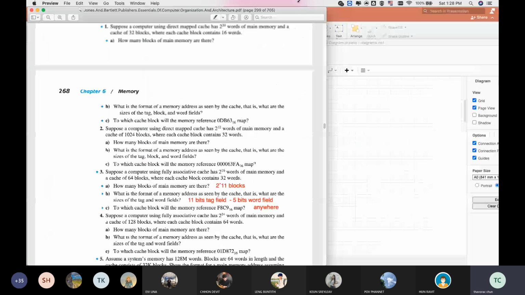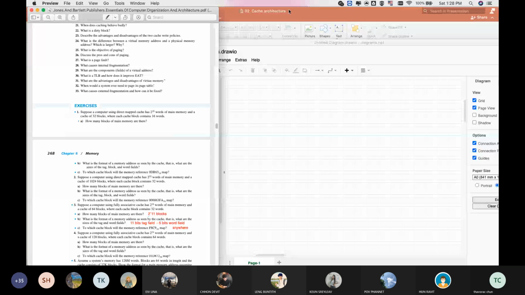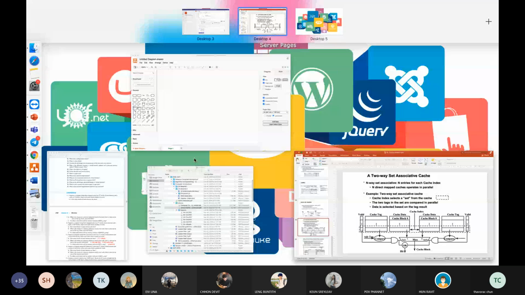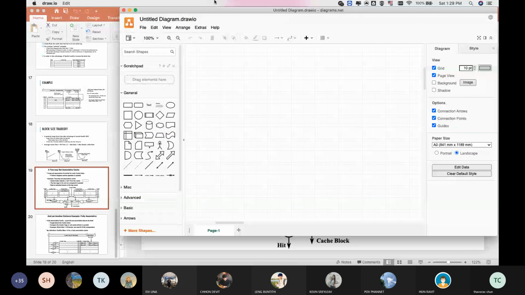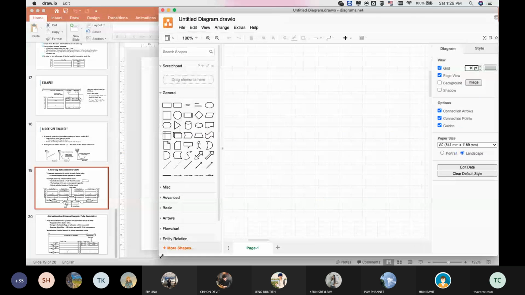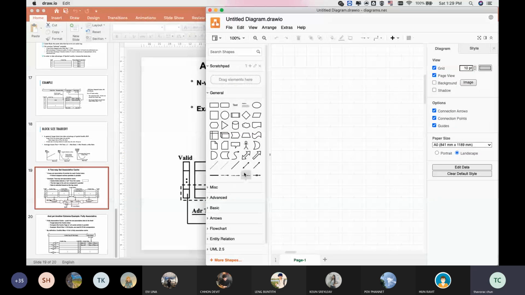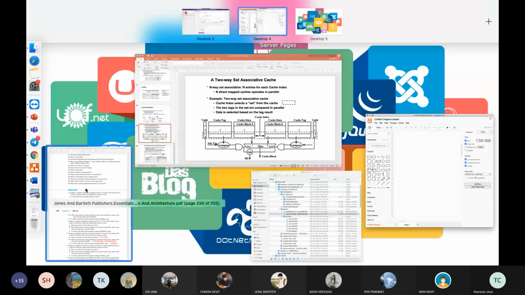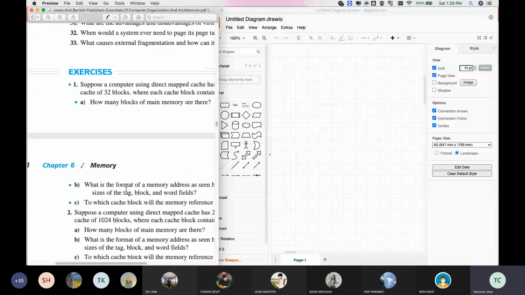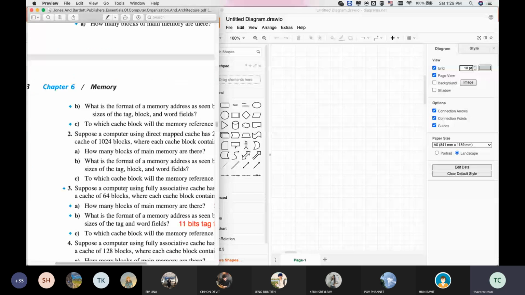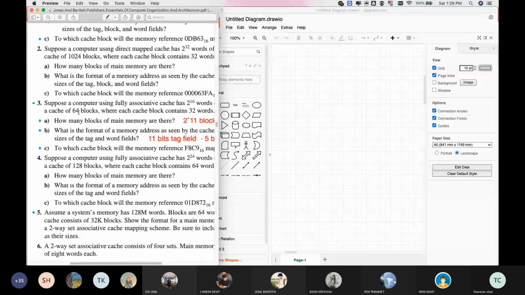Let's make it smaller, like this, and then we should zoom in. All right, exercise number 3. We are using the fully associative here.